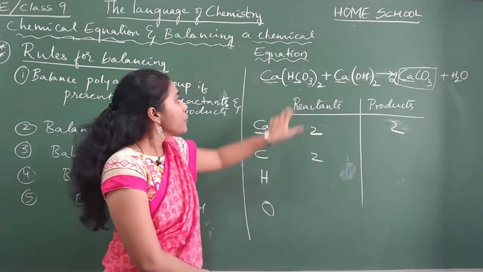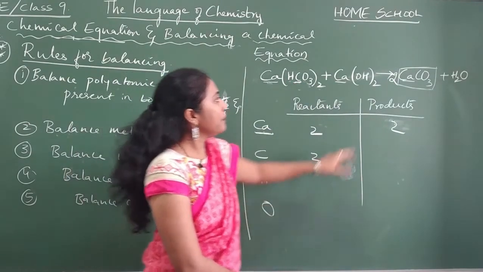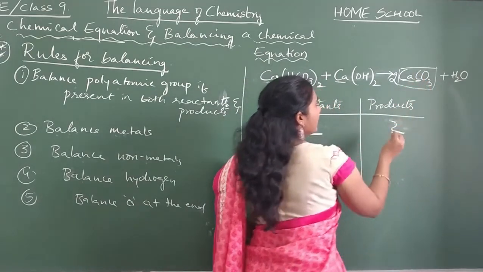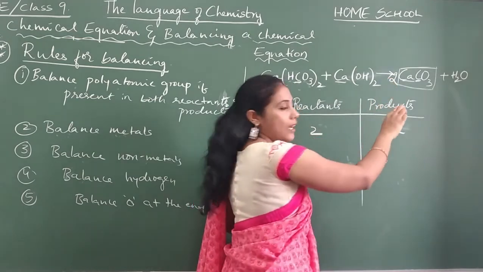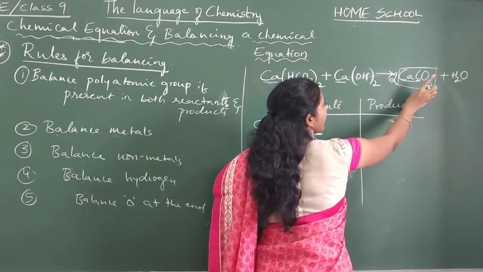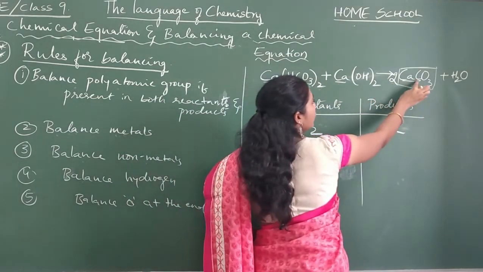So how many carbons are there, guys? 2 carbons are there. And coming here, how many carbons are there? Carbon is here on the product side. Once you have put 2 on the left side of the formula, that 2 can belong to calcium, carbon, or oxygen also. So now this 2 belongs to carbon also, no?